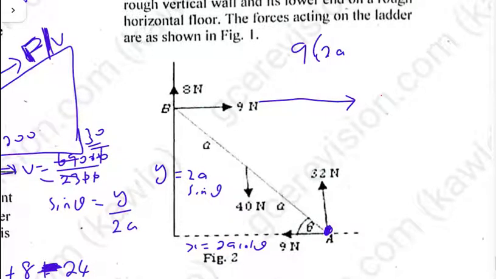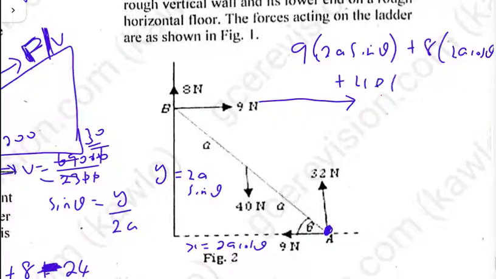So this force gives 9 times y, the perpendicular distance from this point, 2a sine theta, plus this other one, the perpendicular distance from this point is 8 into 2a cos theta, plus the weight is a half now, 40 into a sine theta.